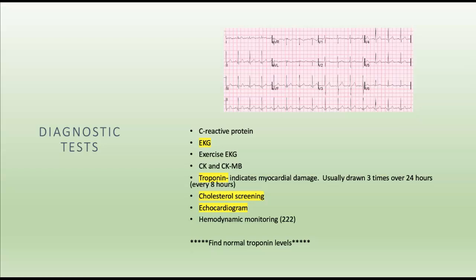So, if a patient has undergone treatment after an MI, so they've either gone to the cath lab and had a stent placement, or they went to the cath lab and they decided the patient needs to have open heart surgery, we can do an echocardiogram after these procedures to see how well that heart is functioning. We want to look at that ejection fraction. So a normal ejection fraction is going to be right around 60 to 70%.